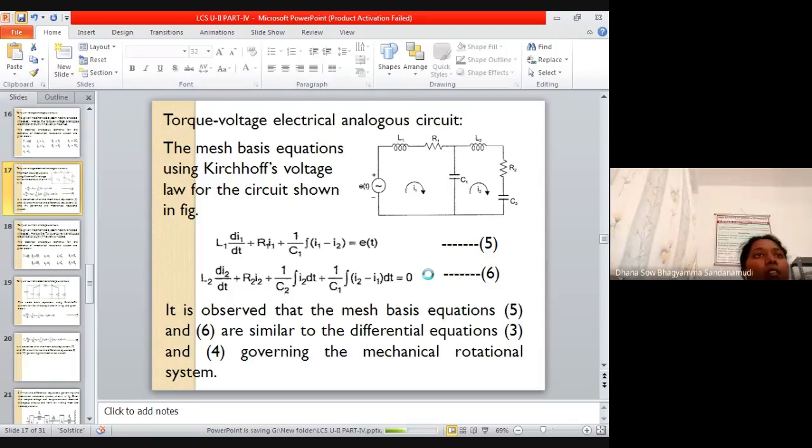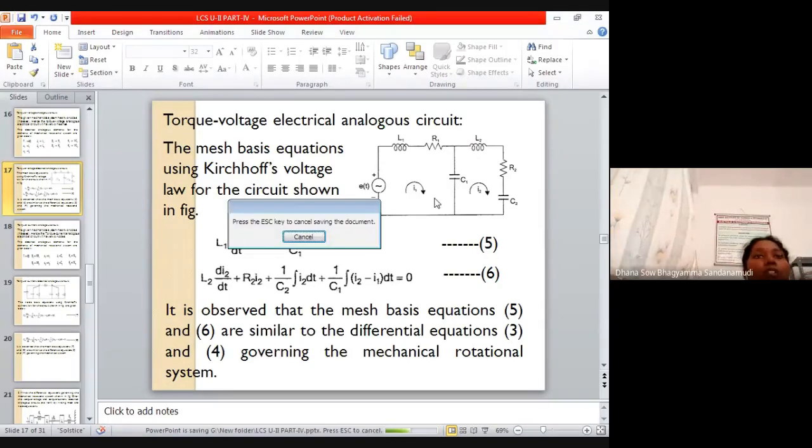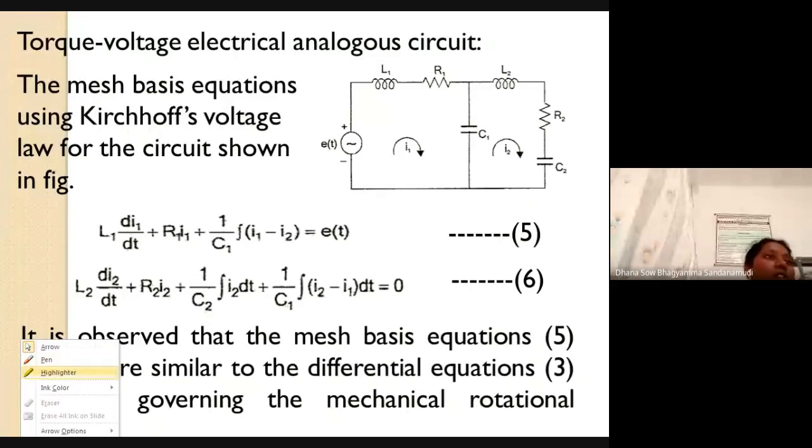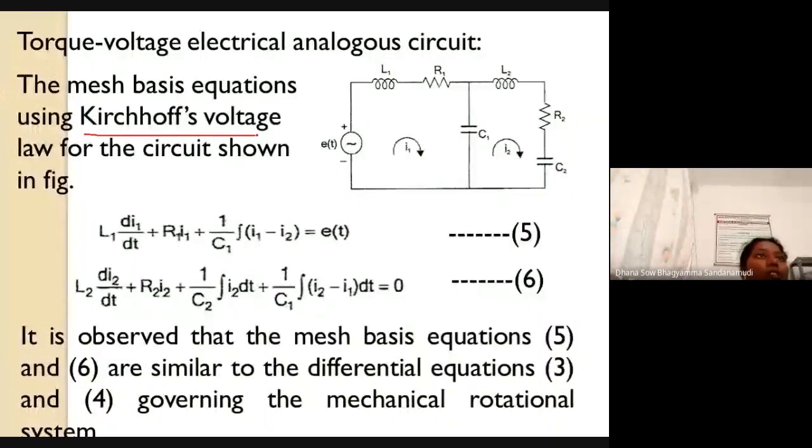Now you have drawn this electrical circuit. Now there are two loops. Apply Kirchhoff's voltage law and determine the differential equation. Here the source is the applied voltage E of t. Then the voltage drops across each and every element.